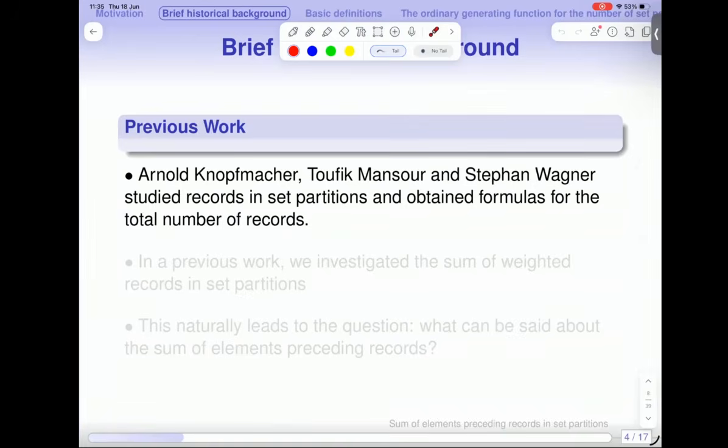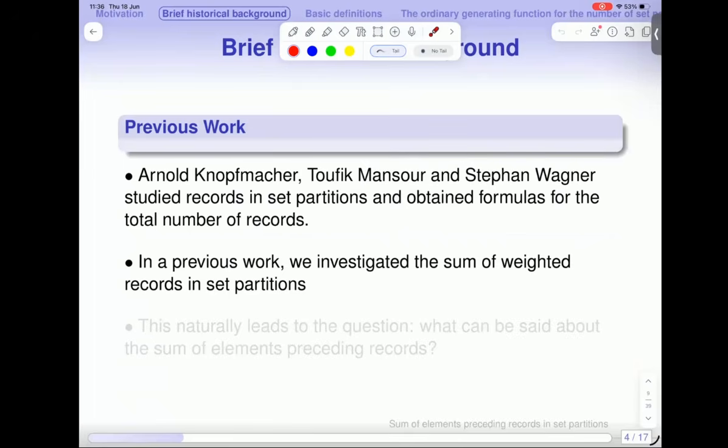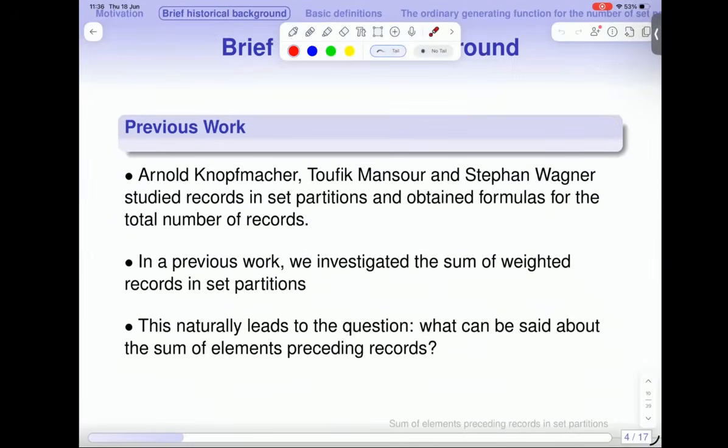The first work that inspired me was a paper by Mansour, Shattuck, and Wagner on records in set partitions. They studied records and several related statistics. This motivated me to study the sum of weighted records in set partitions, and later I published a paper on this topic.